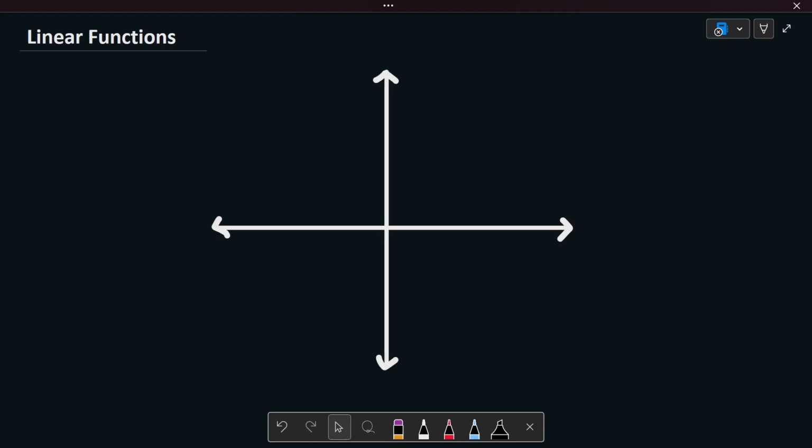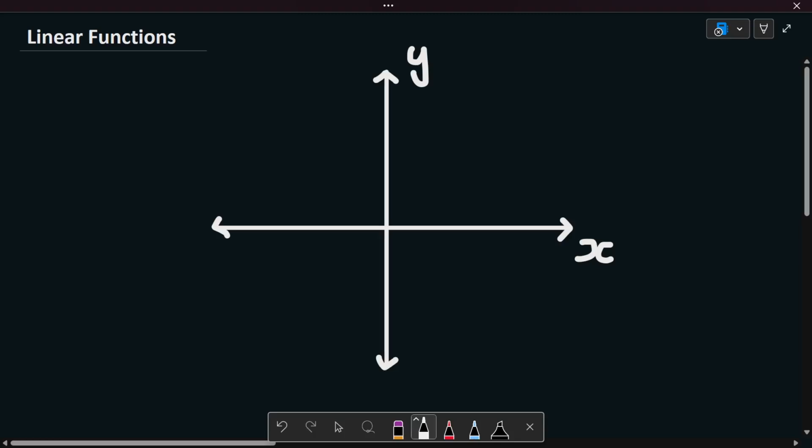Since we've drawn our axes and our arrows to indicate that they are continuous, we need to indicate which axis we are dealing with. The x-axis is the horizontal line and the y-axis is the vertical line.